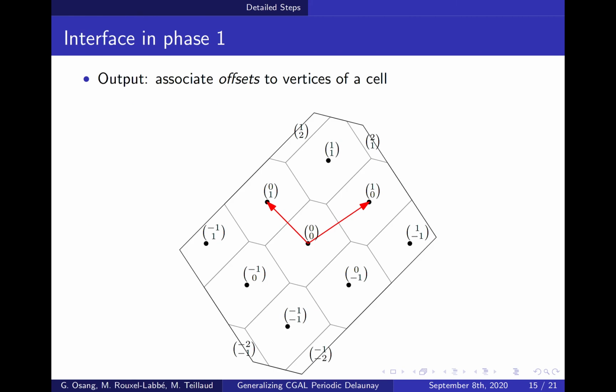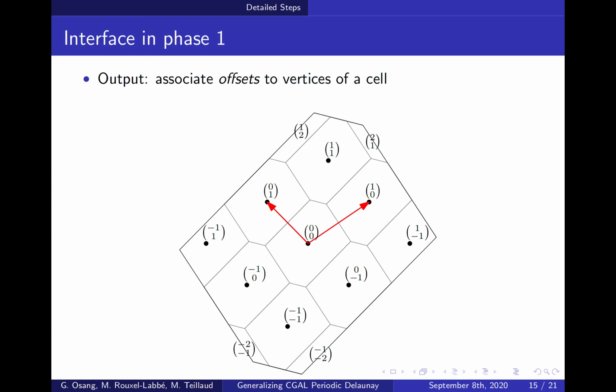Now as for the output and the interface that we provide to the user, when we have a cell that is part of the output, as I mentioned before, we need to associate some additional information because the vertex labels alone are not sufficient to fully describe it. One thing to observe is that the Voronoi domain of the origin, if we translate it along those lattice vectors, actually tiles the Euclidean space.